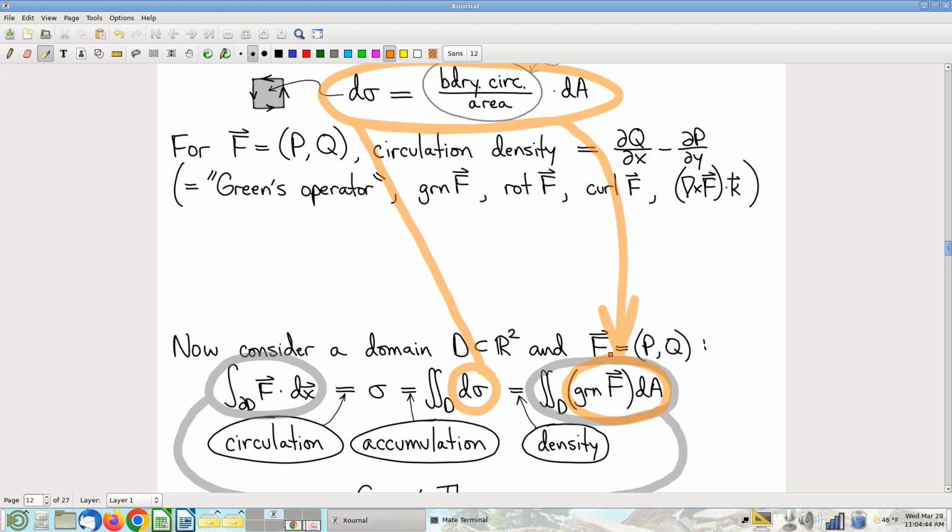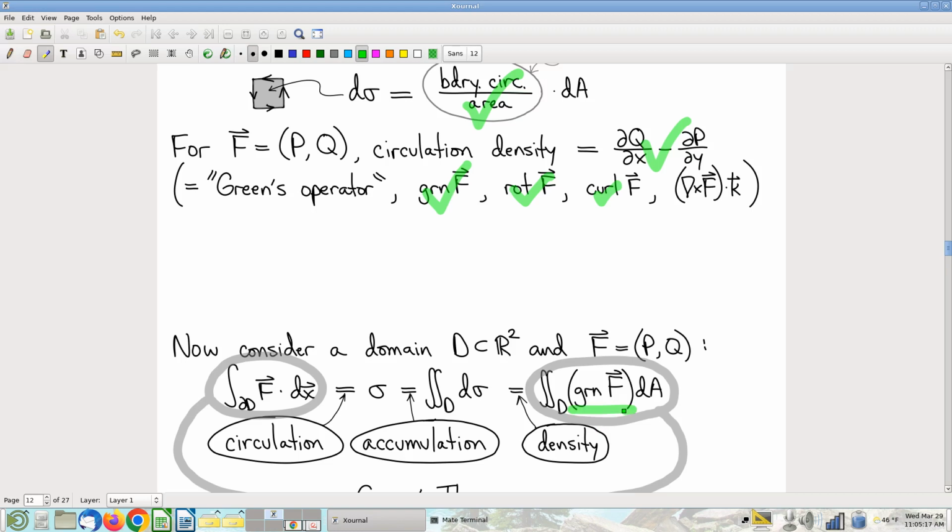Circulation per unit area is what you multiply by area to get circulation. And the corresponding density, think of it however you like. I've written it here using that notation, but feel free to use any of these other alternatives. Again, I don't like that one. But a bunch of different notational alternatives for what you put in there as your circulation density, which therefore ends up, you'll notice, being your integrand in your integral.